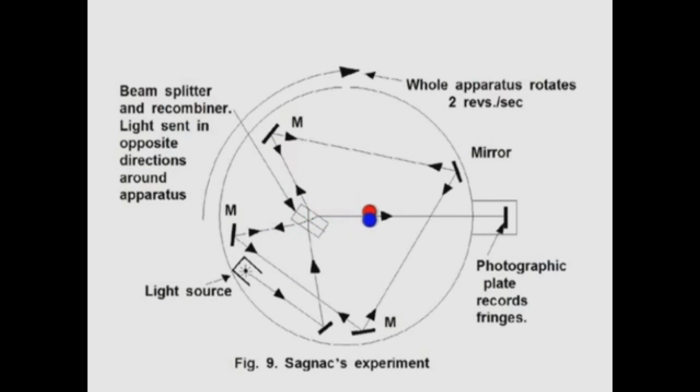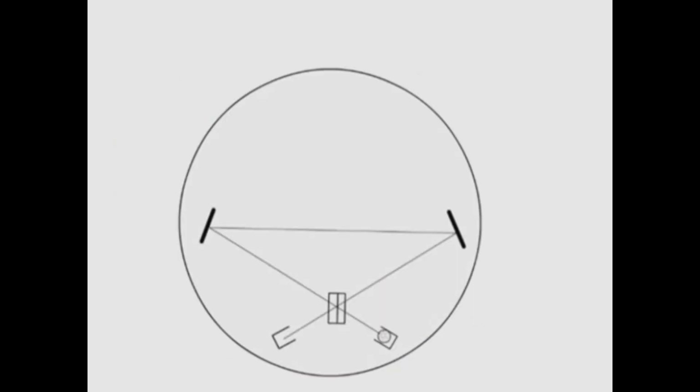There they then go on to the photographic plate, where they have interference fringes. In this simplified version, we see that the beam is split into 2, the red and the blue again, and they go round the circuit and are recombined at the splitter and recombining prism, so that they again produce the fringes on the photographic plate.